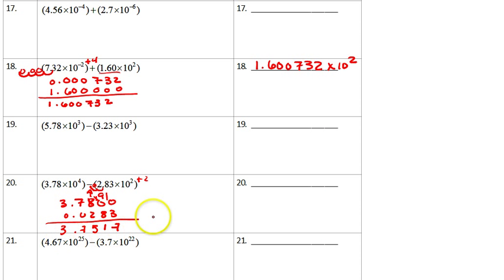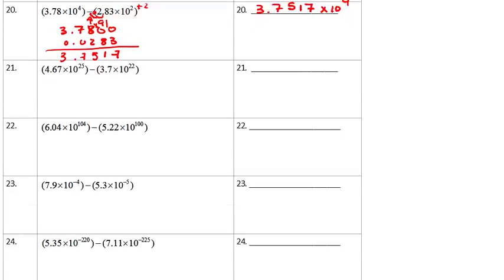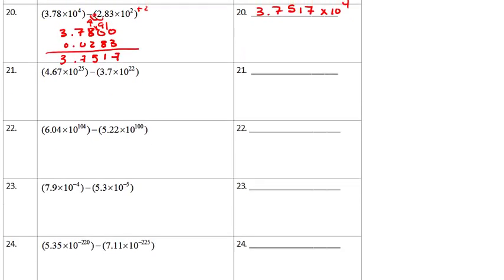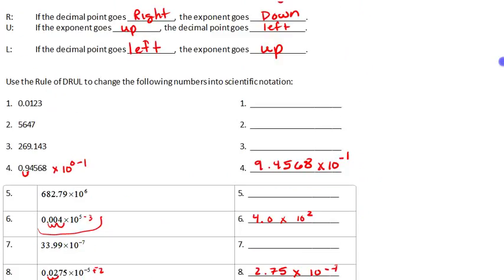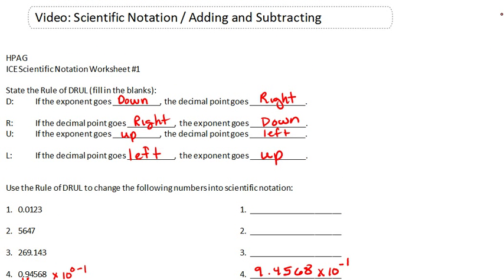This still fits my criteria. Times, I converted them both to 10 to the 4th. Alright, now the rest of the problems you should be able to do, practice adding and subtracting in scientific notation.